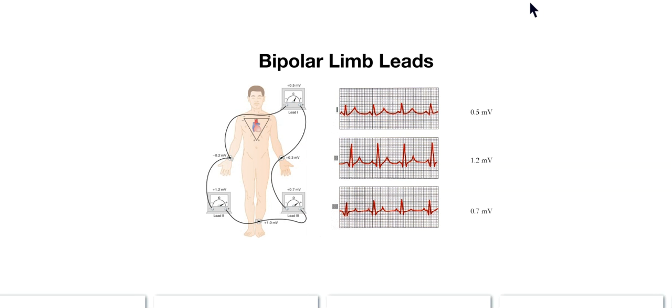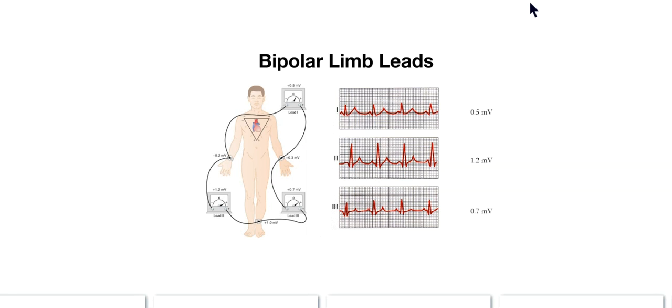We're going to focus mostly on the frontal limb leads. We will talk about the chest leads, but you are looking at a 12-lead ECG that we're going to talk about today. So these 3 electrodes on your right arm, your left arm, and your left leg are giving you all of the information for the 6 frontal leads.